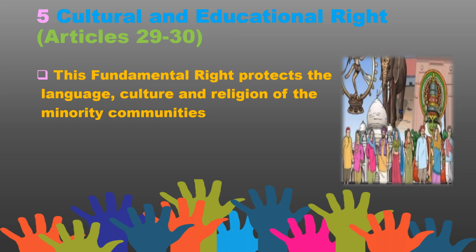Therefore, protection of language, culture, and religion of the minorities becomes essential so that minorities may not feel neglected or undermined under the impact of majority rule. So this fundamental right protects the language, culture, and religion of the minority community.